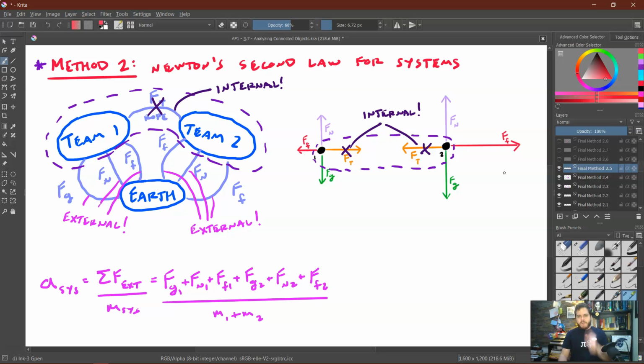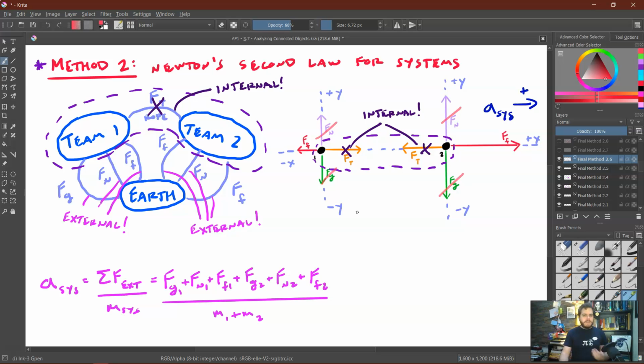But what we notice at this point is that if I define, once again, acceleration as being a positive direction, so to the right, my Fn and my Fg's are going to cancel, and they're going to cancel here too, right? Because it's balanced in the vertical direction. So I can get rid of Fg1, Fn1, and Fg2, Fn2, and I am just left with Ff1 plus Ff2 over M1 plus M2.